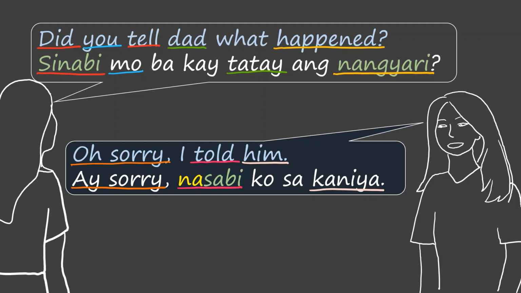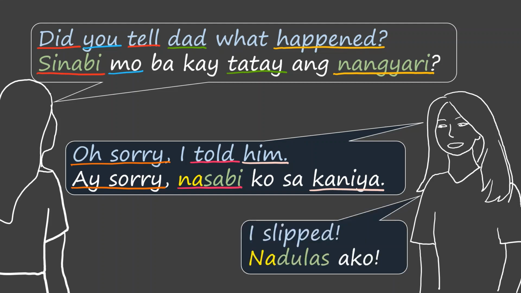And we used sa in sa kaniya because in Filipino, the version reads more like told to him and to is sa. Now when she said I told him, she meant I told him inadvertently or I told him by accident, by mistake. I slipped. Nadulas ako. I, ako. Slipped, nadulas.